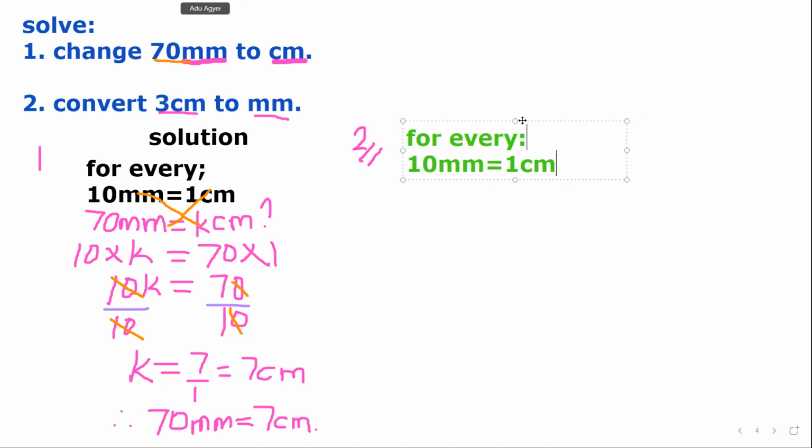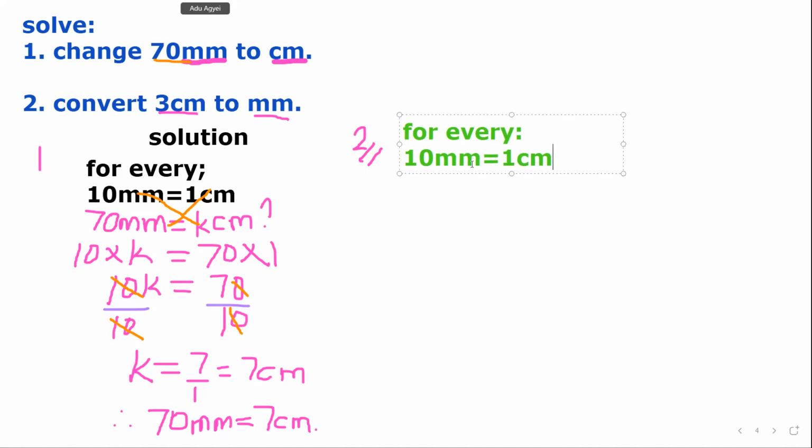Now, we know for every 10 millimeters must be equal to 1 centimeter here. So because we have finished stating the difference, then let's record our marks here.